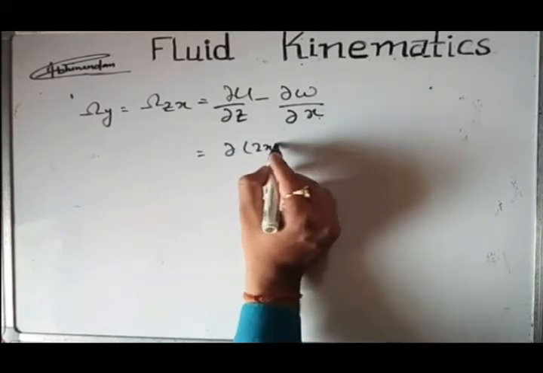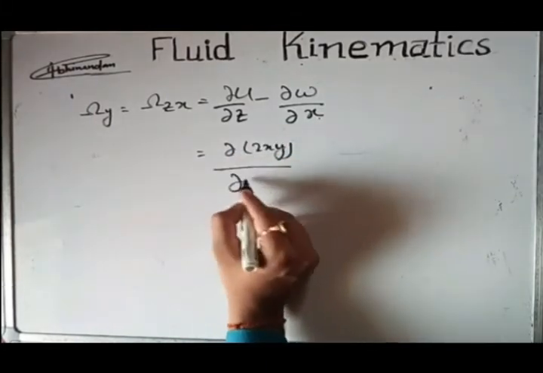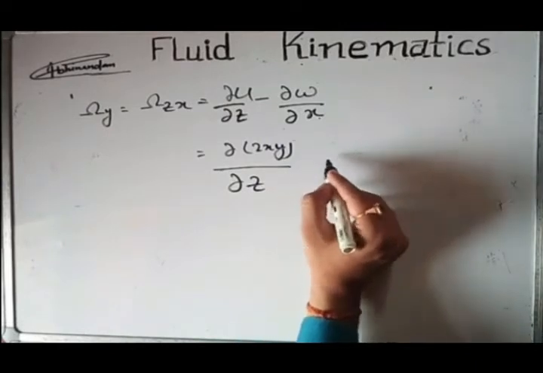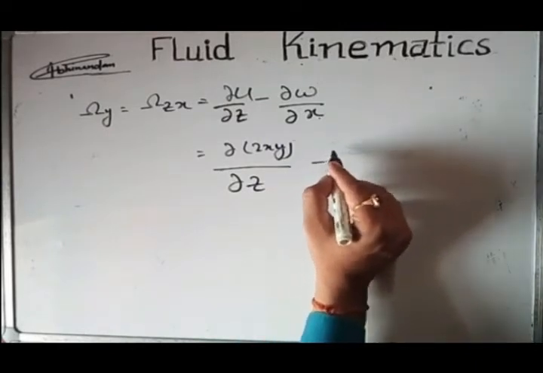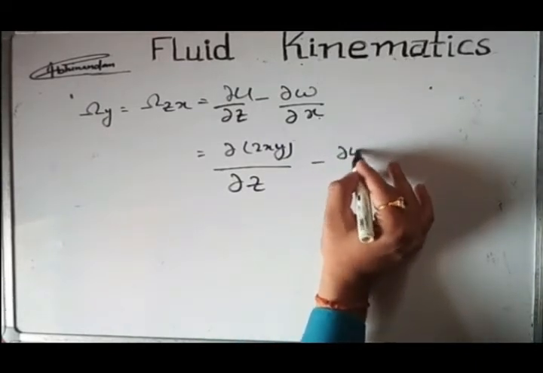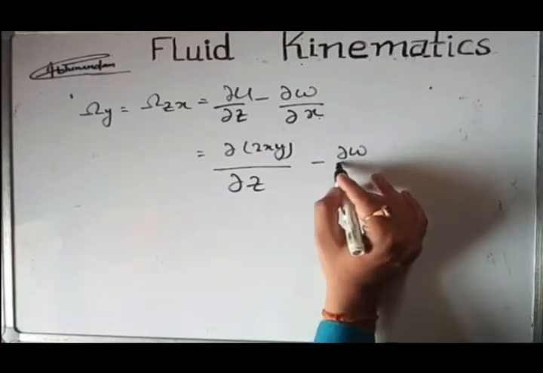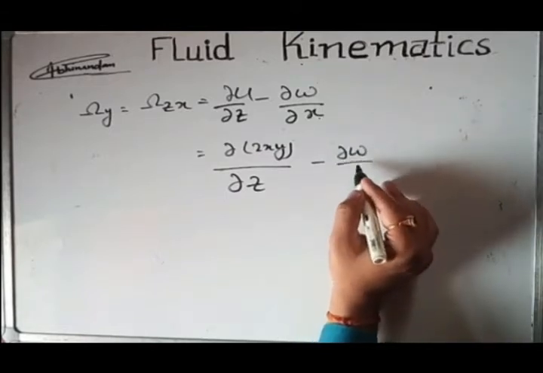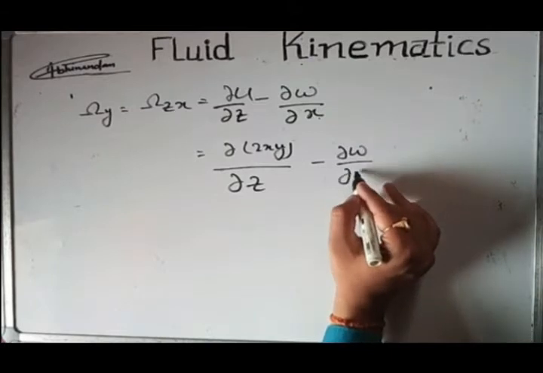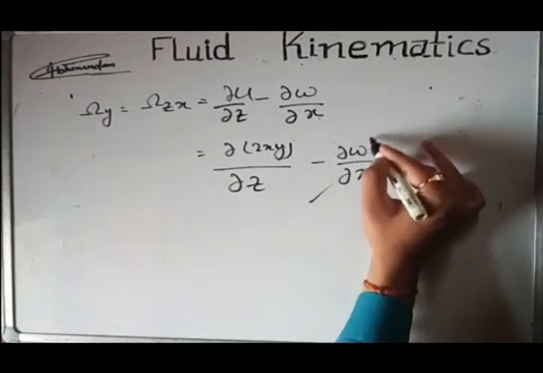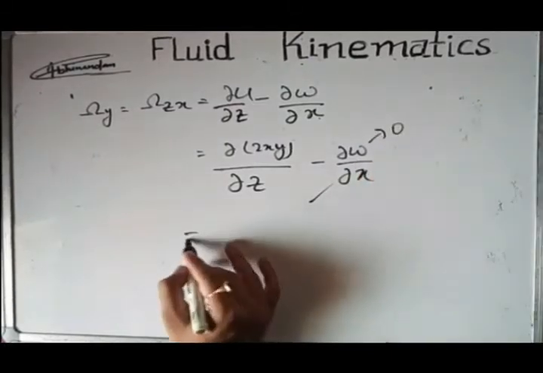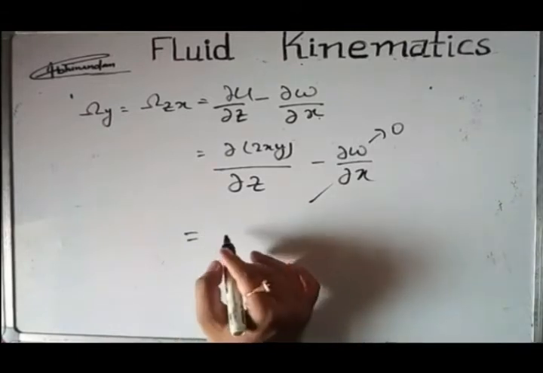Now see partial of 2xy by partial z minus partial w by partial x, और w 0 है, so this term shall be put to 0.